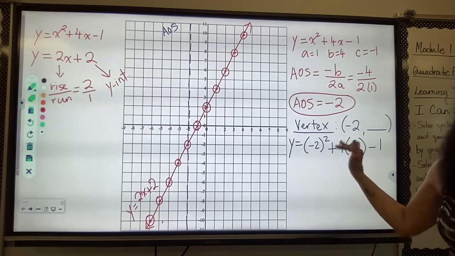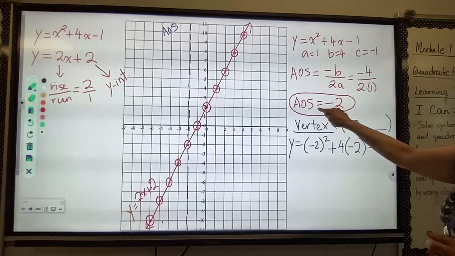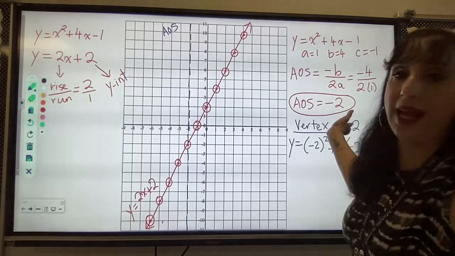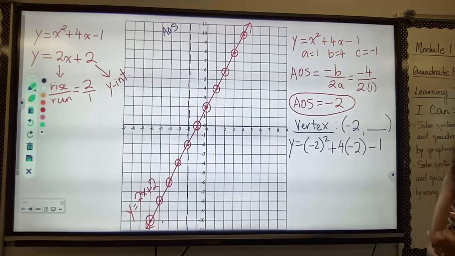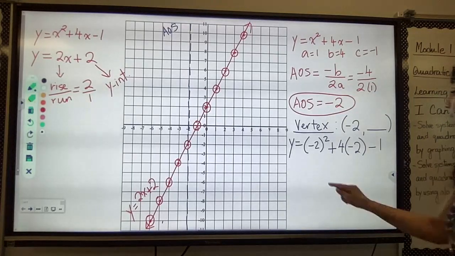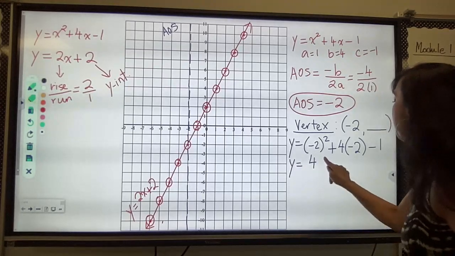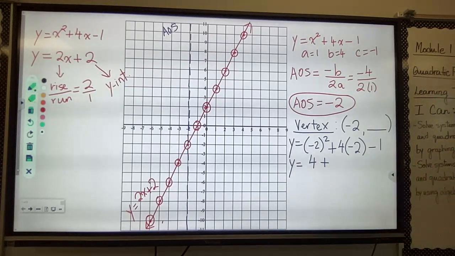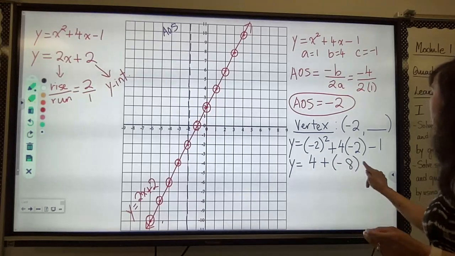I have just substituted the value of x, because the axis of symmetry is nothing but x. And so then I get y is equal to 4 plus, what is 4 times -2? This is going to give me -8 minus 1.